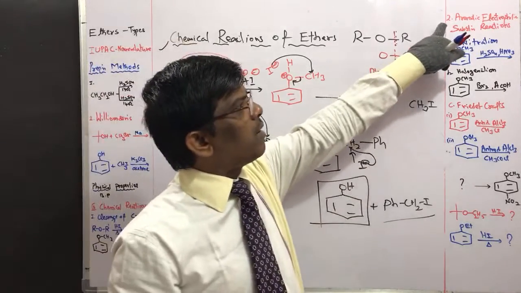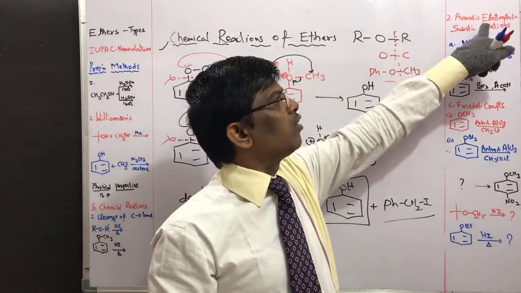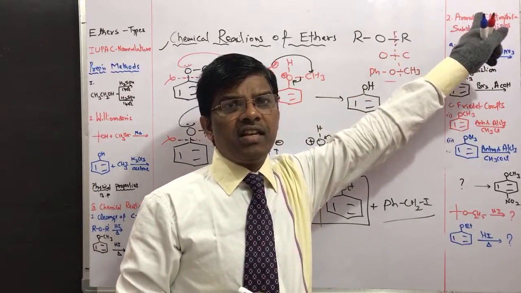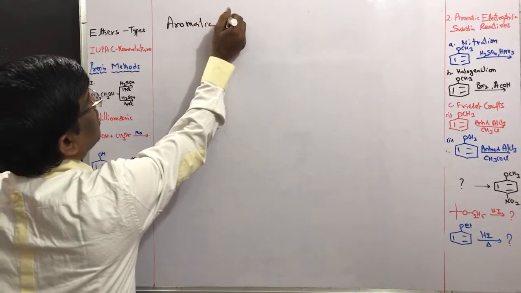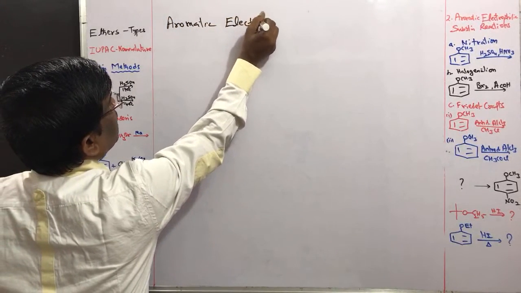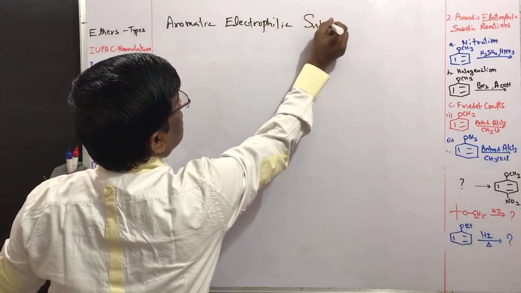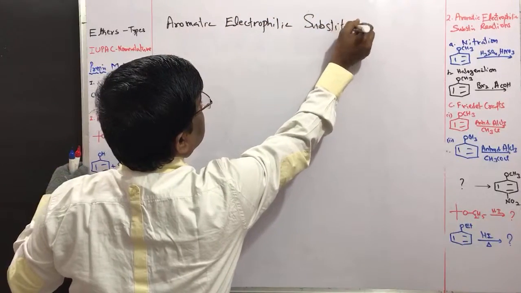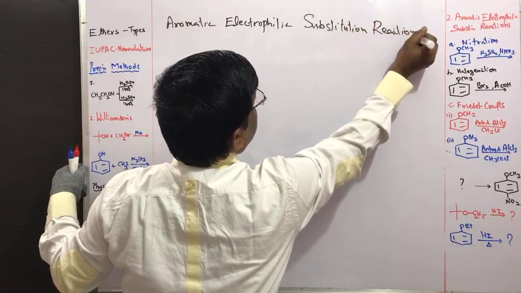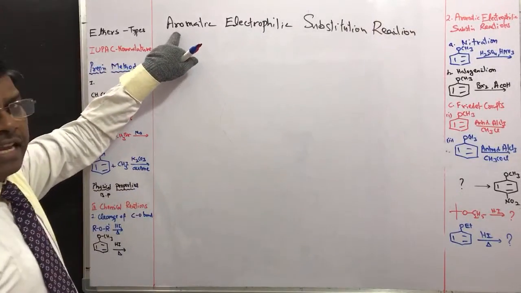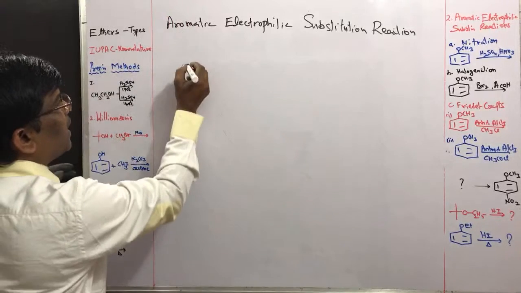Yes, friends. So these are some of the chemical reactions. The very important chemical reactions of ethers are aromatic electrophilic substitution reactions. So the name itself says this has an aromatic ring. That means the starting material ether must have an aromatic ring.